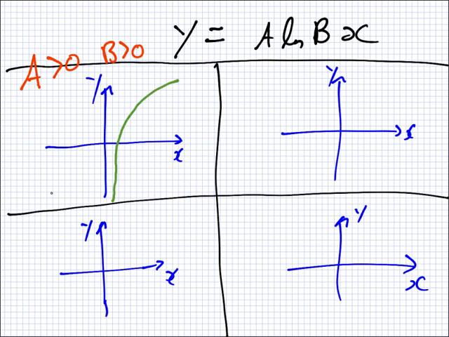Why is there no graph on the left here? Because x can't be negative. And what is the root here? What's the x value here? No, because we can't have log 0.